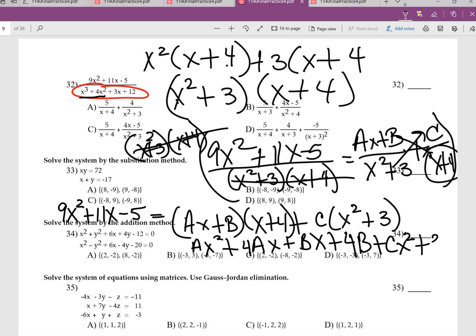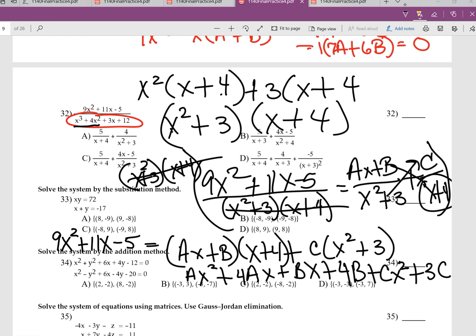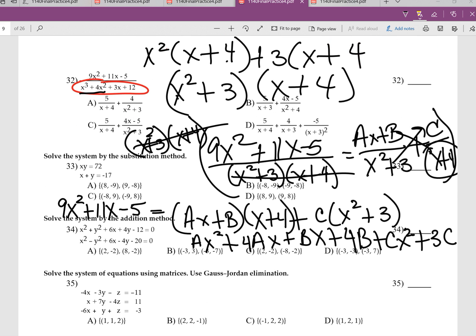plus 3c. We want to group all like terms together, so in this case I'm going to take the ax squared and the cx squared.